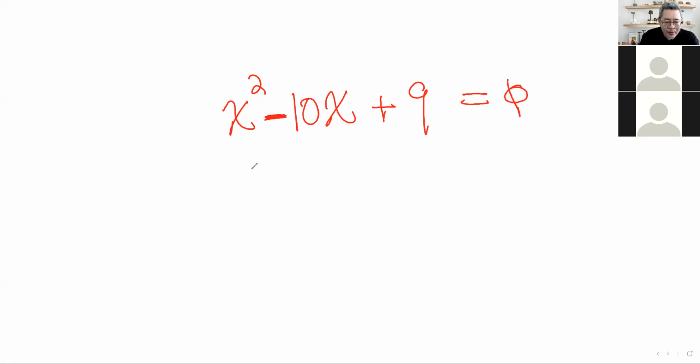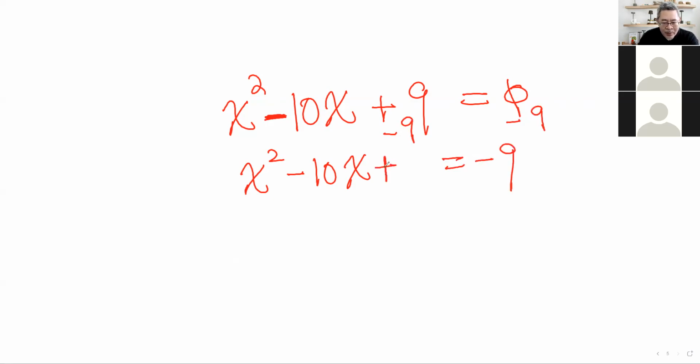We move 9 over by subtracting 9, so we get negative 9. Then we're going to add a number here, which is half of that. Half of negative 10 is negative 10 divided by 2. Since we add something here, we're going to add something there.